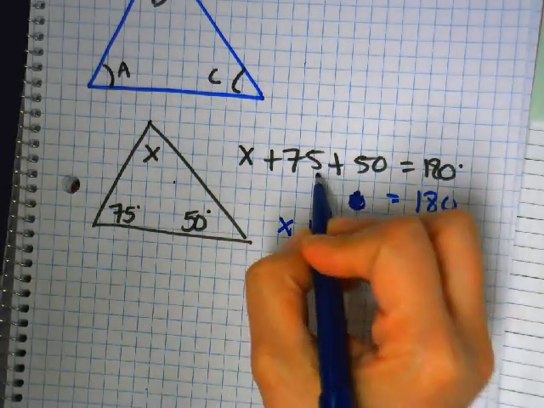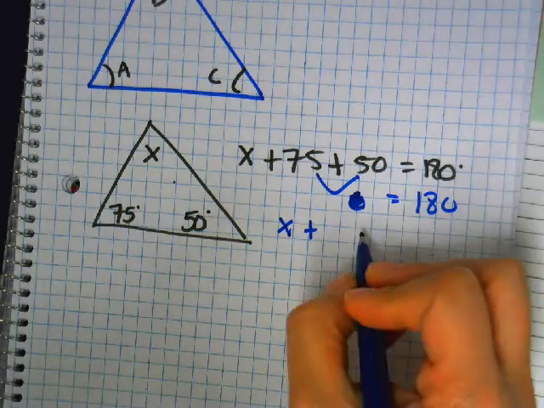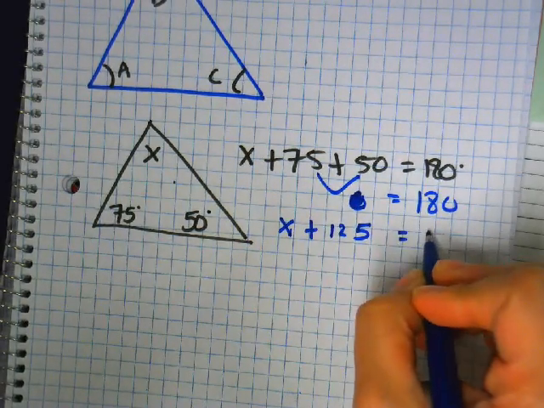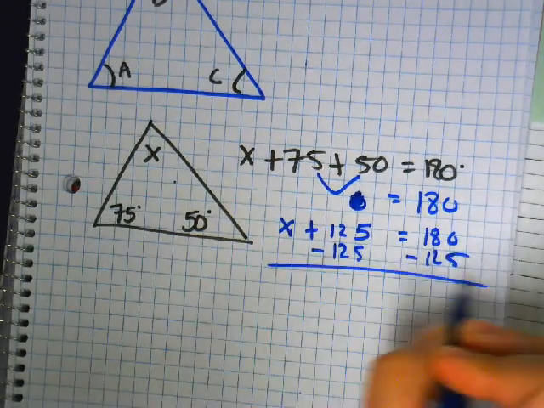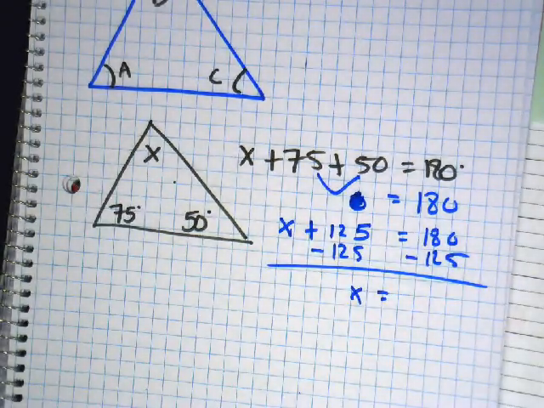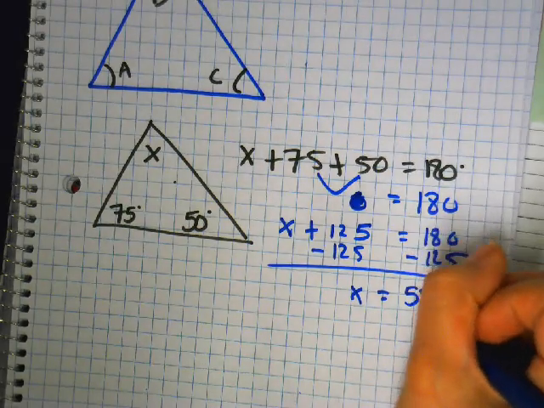You can combine these two or you can subtract them however you want. So what is x equal to? 55 degrees. All right.